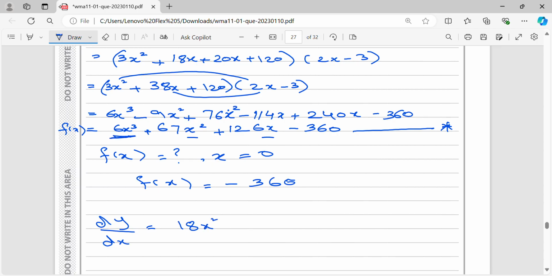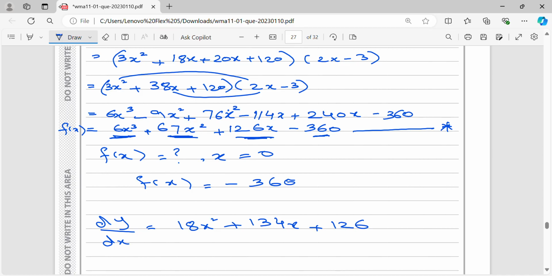Now 67x squared gives 67 times 2, which is 134x, plus 126x, whose derivative is 126, and the derivative of a constant is 0. So this is the gradient.